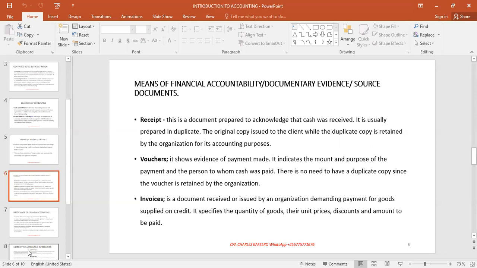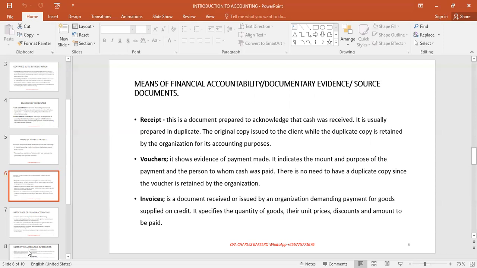Having gone to the field and you are making some payments, you will be moving with some documents. Like if, let's say, you are buying some items.